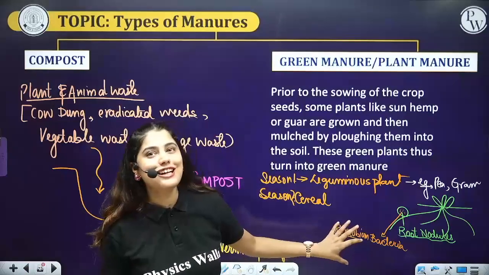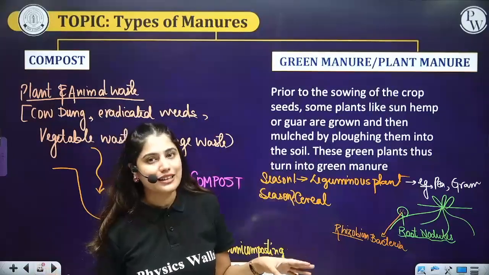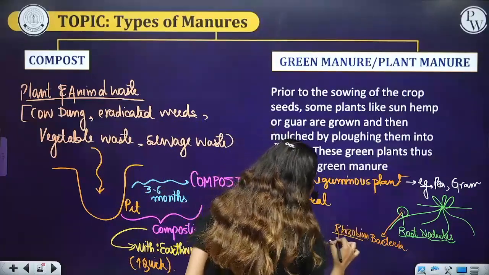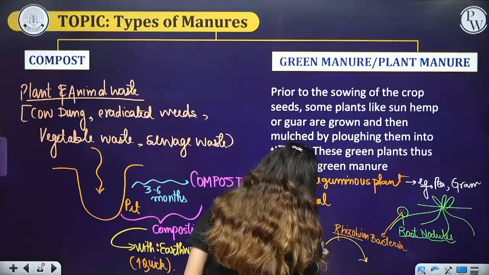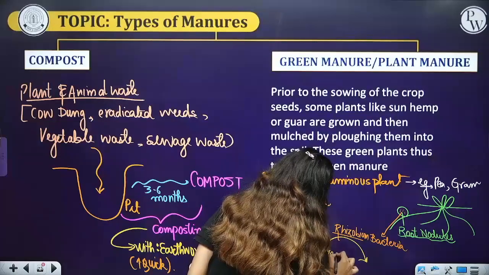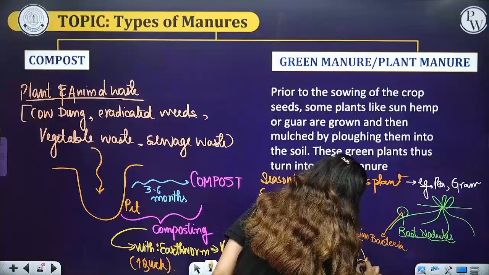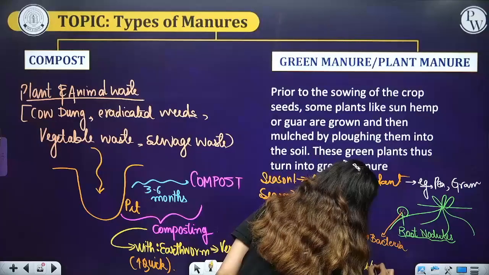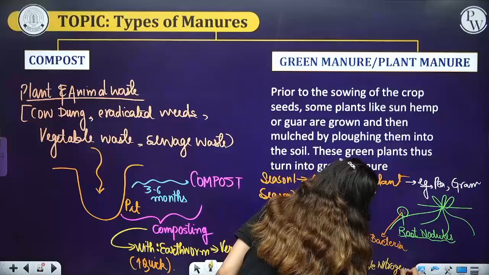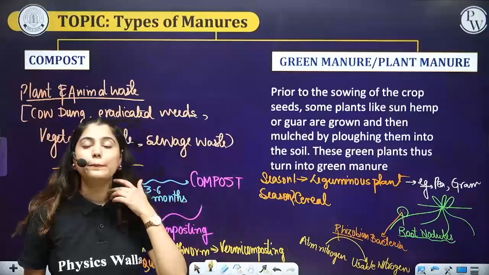This bacteria is like the friend of the plants, because it converts atmospheric nitrogen into usable nitrogen, and that is how the plant can use it.